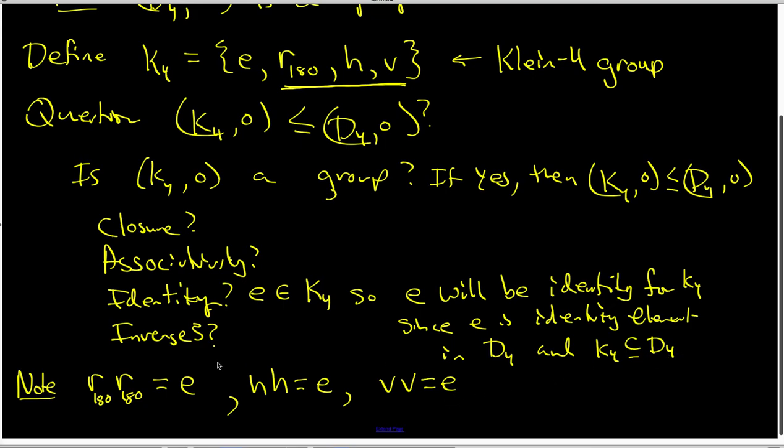And so I know that I have inverses. This says that each of the elements inside K4 has an inverse. I guess I should have that E composed with itself is also E. So every element has an inverse. So that's not going to be a problem.